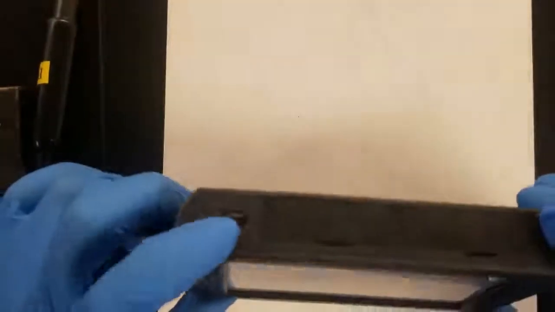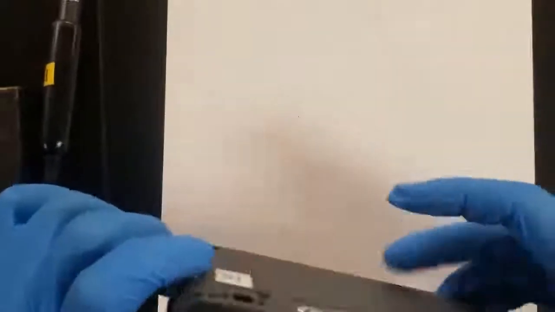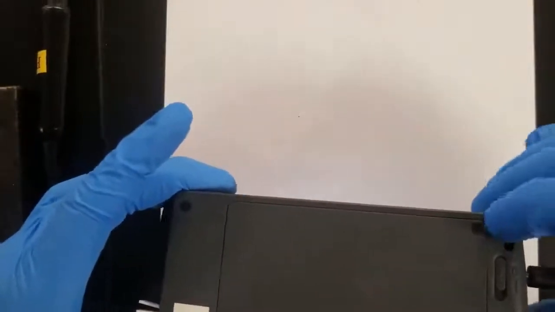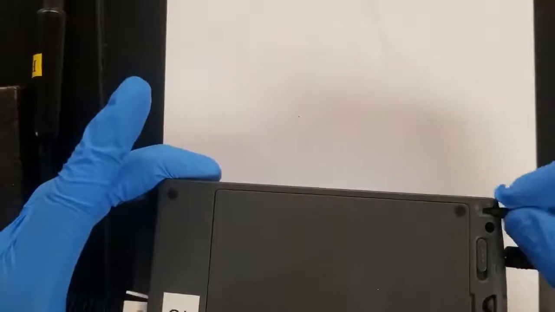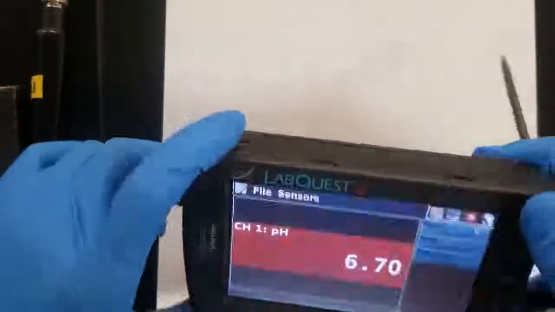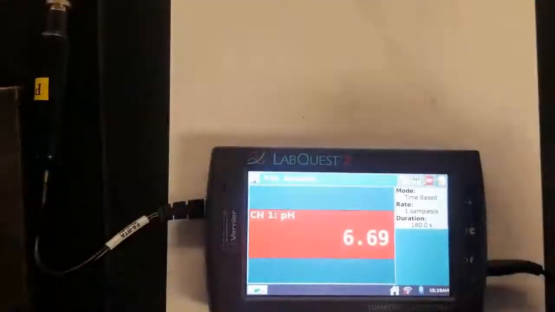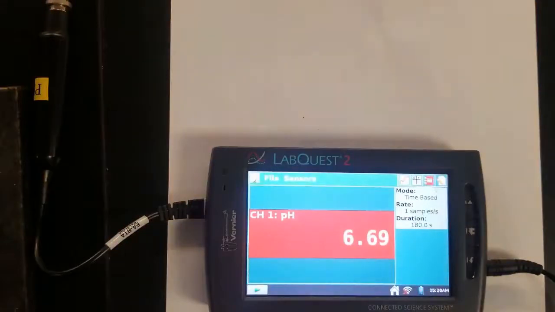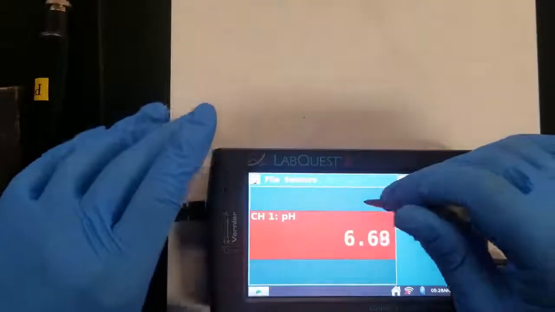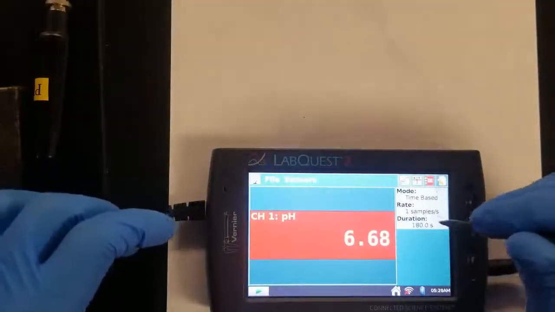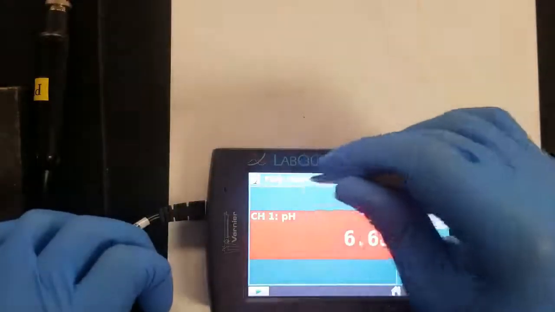So I turned it on using this on button right here. I'll flip it over to the back, pull out the stylus, which is right here. And then I'll simply just click on Sensors.